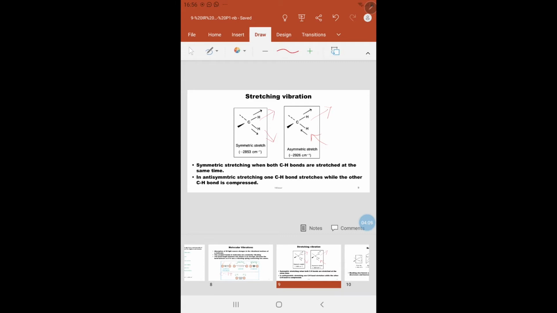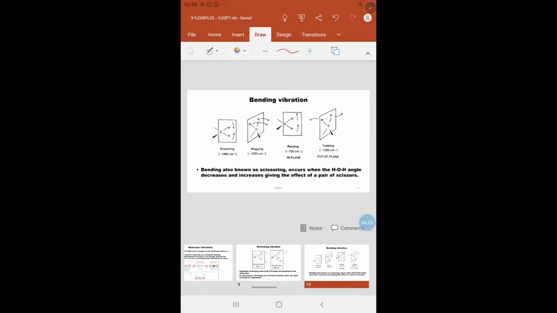But as I mentioned earlier, you only need to focus on the stretching vibration, because these two atoms vibrate. The two types of vibration are stretching and bending. In stretching, there is symmetrical stretching and asymmetrical stretching. Besides that, there is also bending vibration.